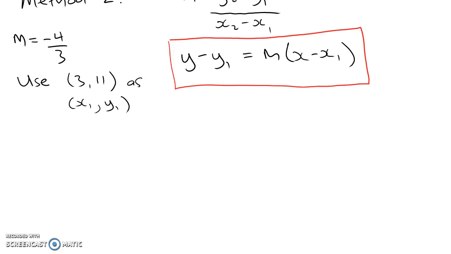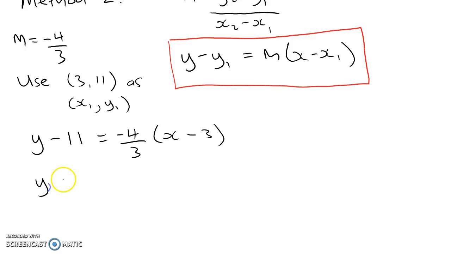So we'll get y minus, if we substitute this coordinate into the rule here, y minus 11, that's our y1, equals m, so minus 4 over 3, x minus, our x1 is 3. Let's expand the brackets.